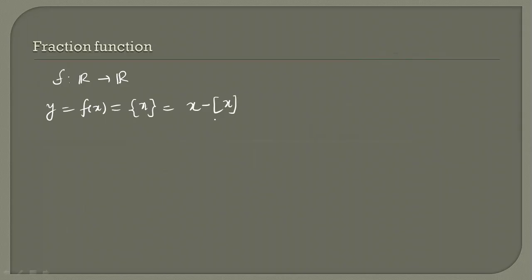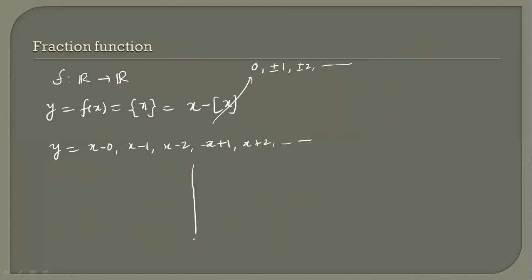It will be 0 if x is an integer, but it will not be 0 if x is not an integer. The greatest integer function takes values 0, plus minus 2, always integers. So you are getting a set of parallel lines: x minus 0, x minus 1, x minus 2, or if you take the negative value then x plus 1, x plus 2, and so on. It means it's a family of parallel lines.